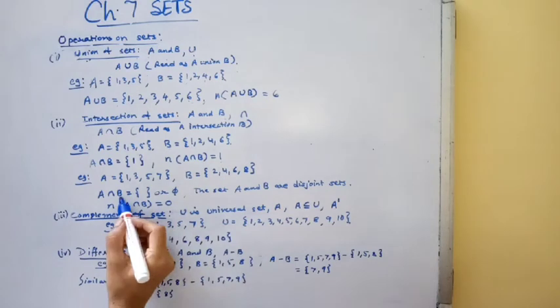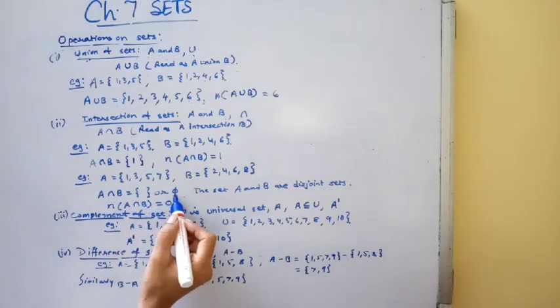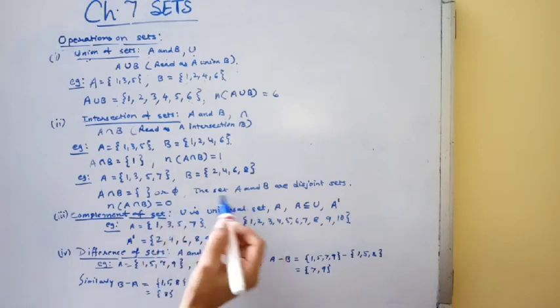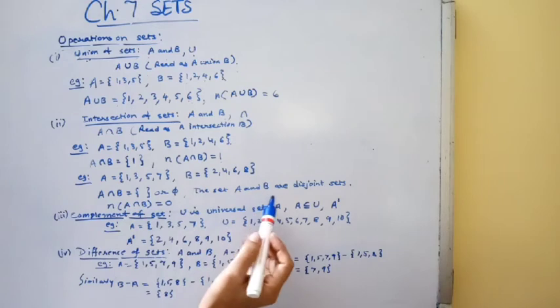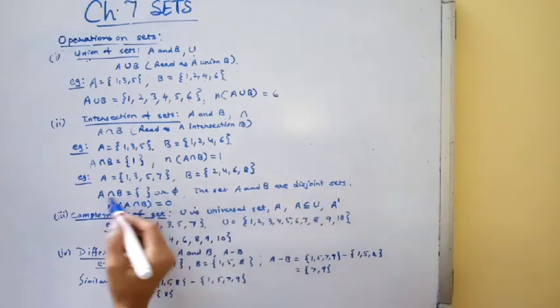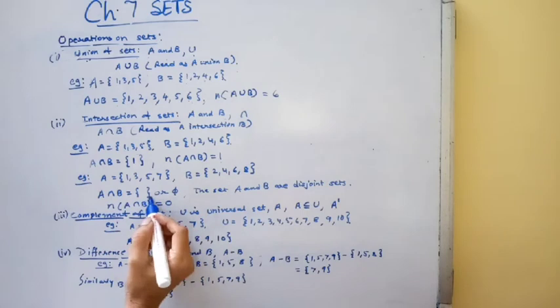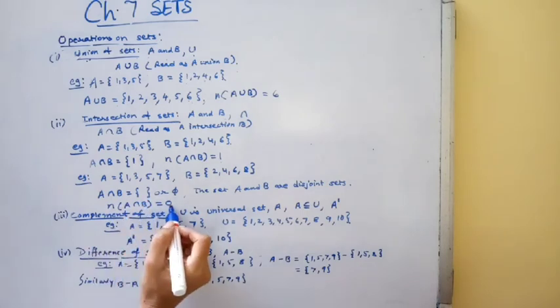So A intersection B is the null set, or we write the sign phi. Therefore, the sets A and B are called disjoint sets because their intersection is the null set, and the cardinal number of A intersection B is 0.